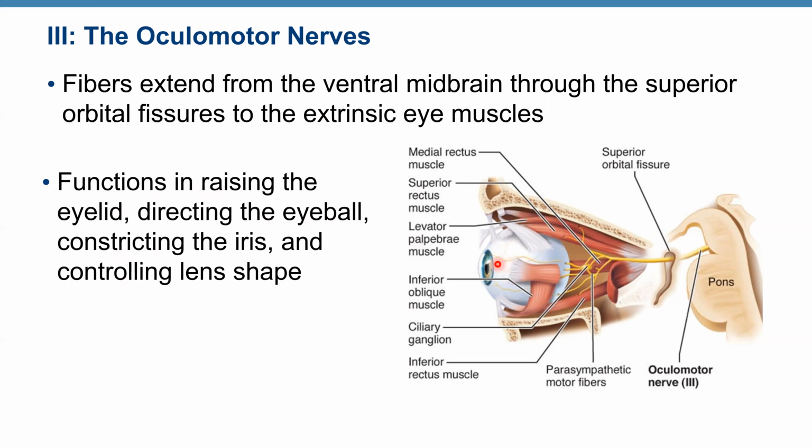The iris is this dark spot inside your eye, and behind it we have the lens, so it also controls the shape of the lens. This one is motor, so it goes from the ventral part of the midbrain to the muscles.